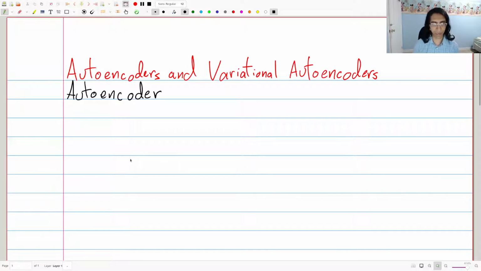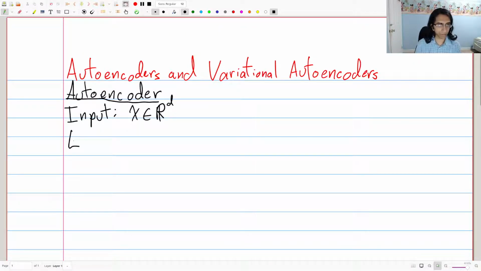Autoencoders can be seen as a sort of compression of an input and then a decompression of the input. Let's try to be a bit more precise. What we have with an autoencoder is, first of all, an input. The input is going to be represented as, say, x, which is in some R^d.